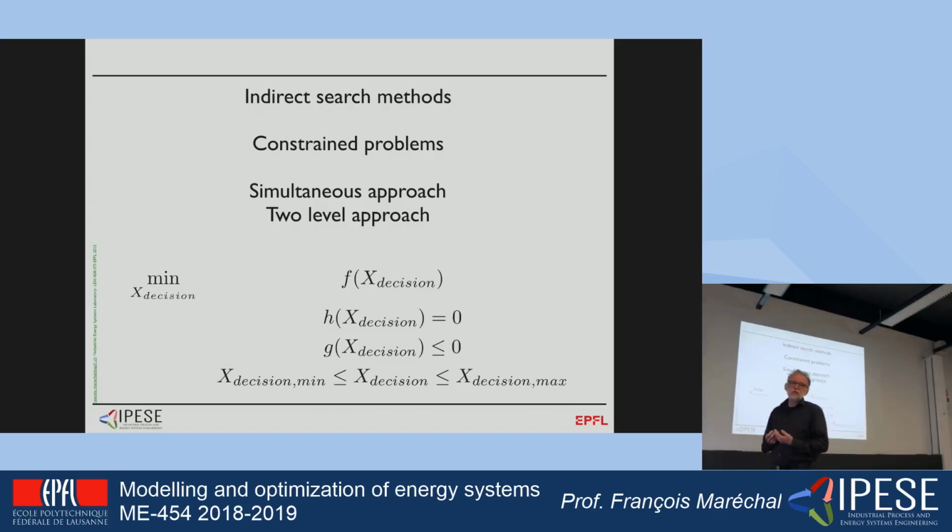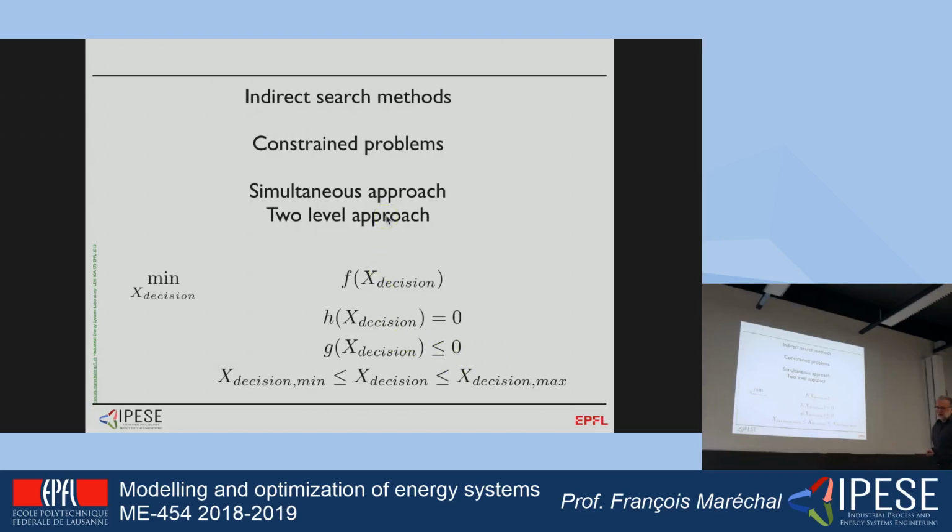So this afternoon we are going to try to solve the problem where, in addition to minimizing an objective function, we have to deal with constraints. Constraints that can be in the form of equality constraints or inequality constraints, which is lower than zero.